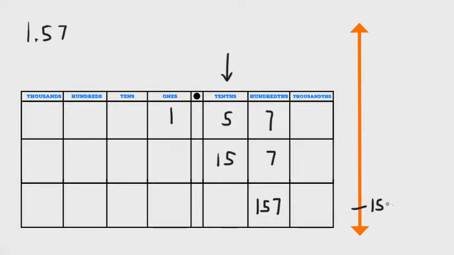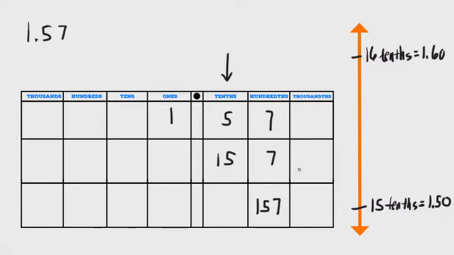So there's 15 tenths, which is equal to 1.5, or 1.50, depending on how you look at it. And then the next one up would be 16 tenths, which would give us 1.60.